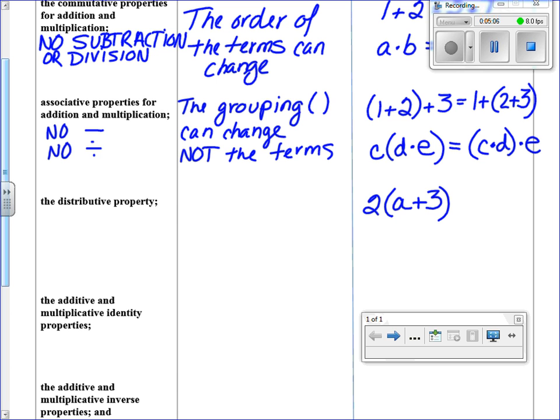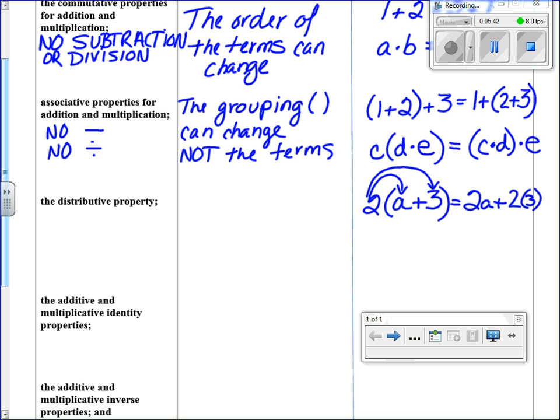What I want to do is I can pass that 2 or distribute that 2 or multiply that 2 to everything inside the parentheses. So it would be 2a, I draw my arrow from 2 to a and I get 2a, but I have to draw my arrow from 2 to the 3 as well. That plus sign just comes along, and then 2 times 3, I'll write that. I know you know 2 times 3 is 6, but I can write it like this as well. I could write 2a plus 6 or 2a plus 2 times 3.